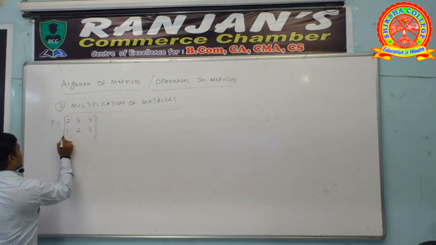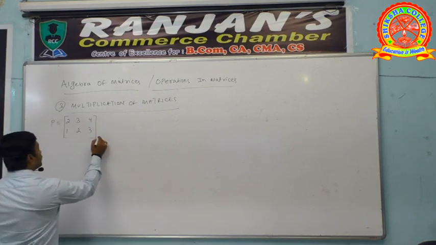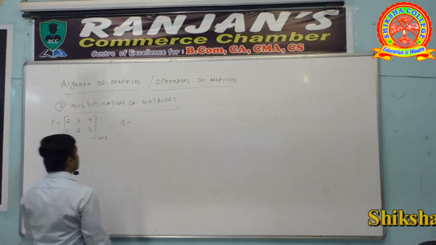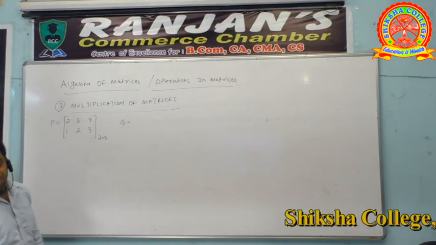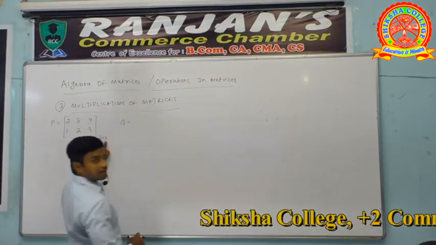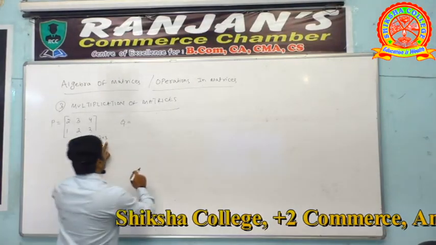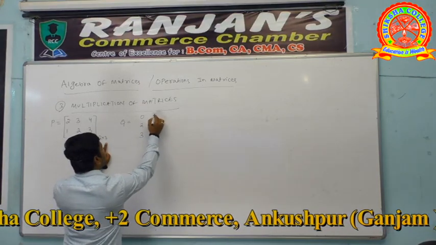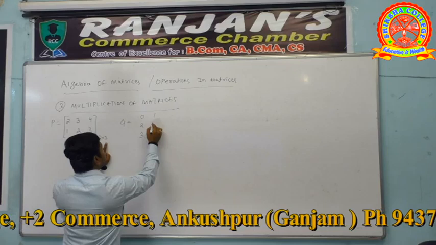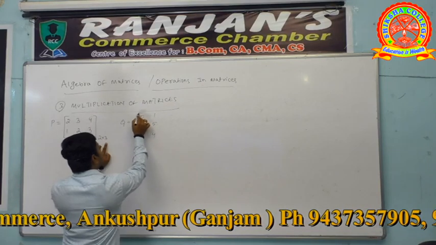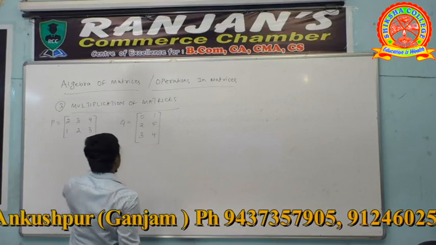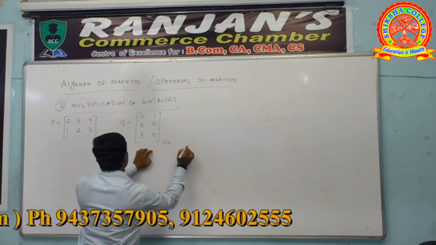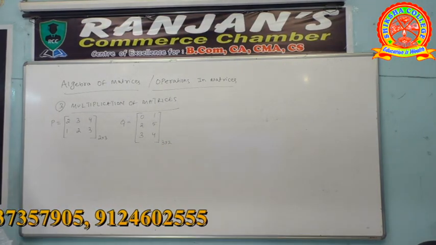This is a matrix of order 2 into 3, 2 rows and 3 columns, and we have Q equals, so here we must have a matrix with 3 rows, so we have 0 2 3 1 5 4. Okay students, so here we have a matrix with 3 rows and 2 columns.